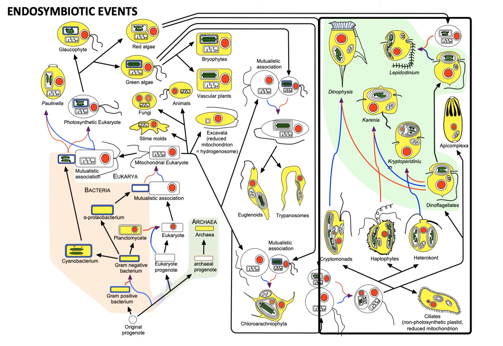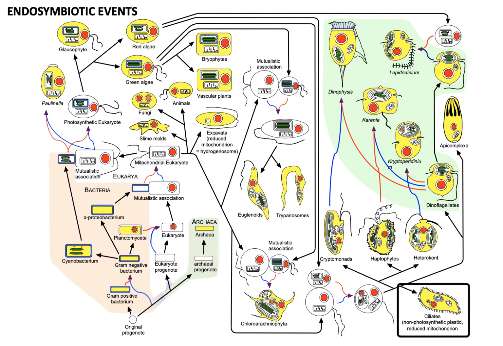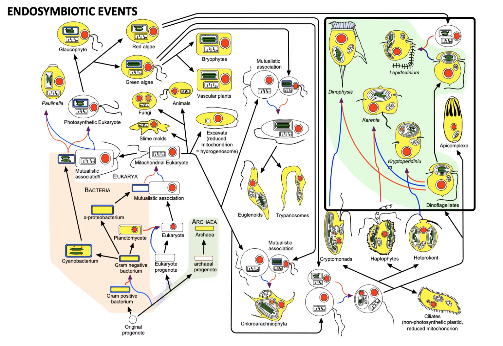And then there's a whole group over here that have taken up red algae, and those include ciliates, heteroconts, haptophytes, cryptomonads, and then you've got additional endosymbiotic events between eukaryotes and eukaryotes to form a number of different dinoflagellates, as well as apicomplexa.